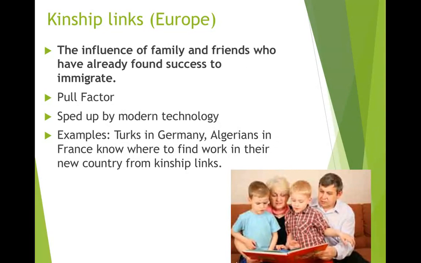Germany needs people. They have a low growth rate for their population, and they also have more jobs than people, so they need people to fill those jobs. A lot of Algerians have headed to France for the same kind of idea for jobs, and they follow those people. So it's similar to chain migration or family migration.